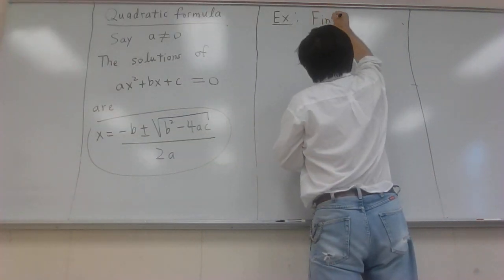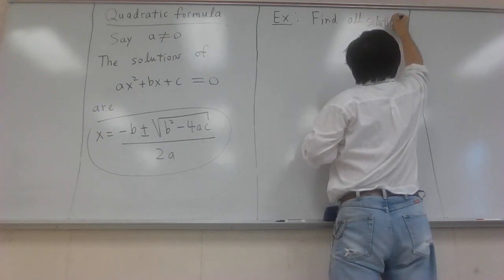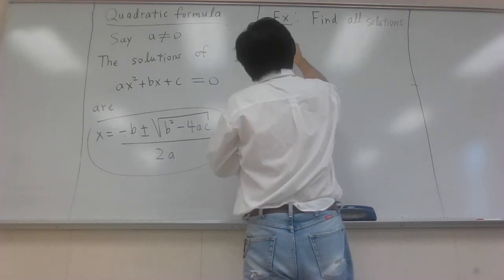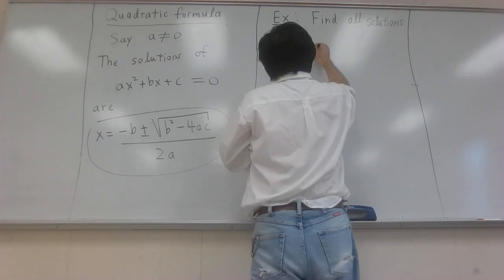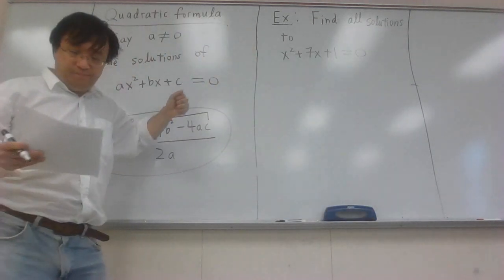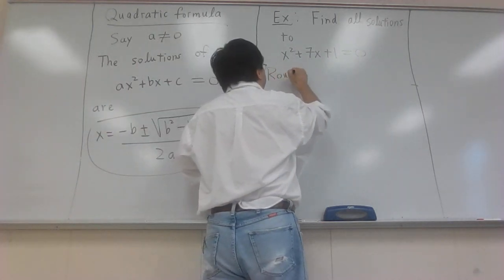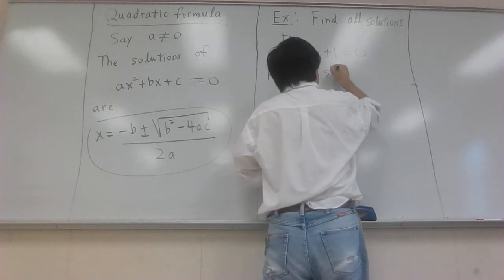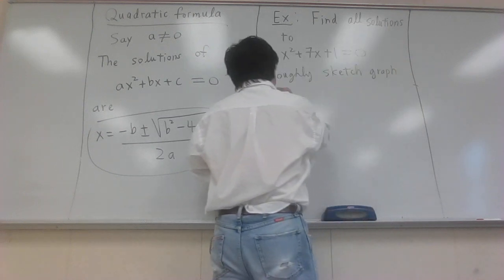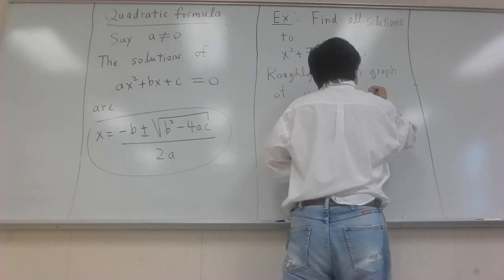Find all solutions to this quadratic equation, x squared plus 7x plus 1 equals 0, and use this to roughly sketch the graph of y equals x squared plus 7x plus 1.